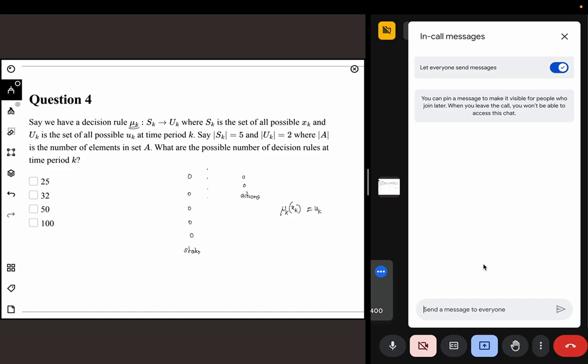Okay. So how do I put it? Let's say this thing. You are at this particular state. You can take any of these two actions. But the way I have defined this function is that u_k is actually a function of x_k. I think I should have drawn it reversed.